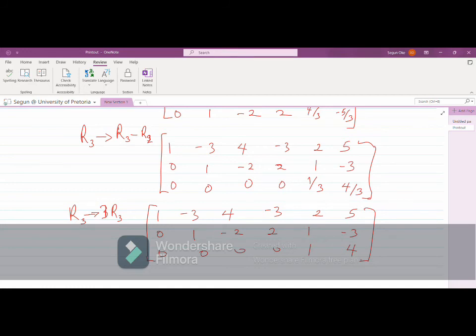Let's look at row 2 and row 1. What do you think we can do? What can we do to row 2? We are almost there.